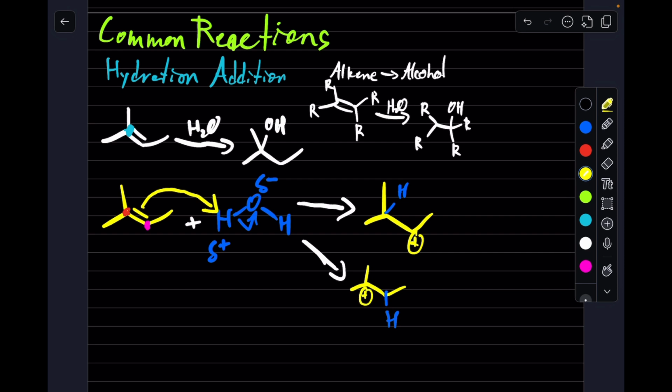And tertiary carbocations, so carbocations attached to three different groups, are more stable than secondary or primary cations. And as you can see, this is a tertiary, while this is a secondary cation. So that means this will not happen, or this will not form because it is less stable.